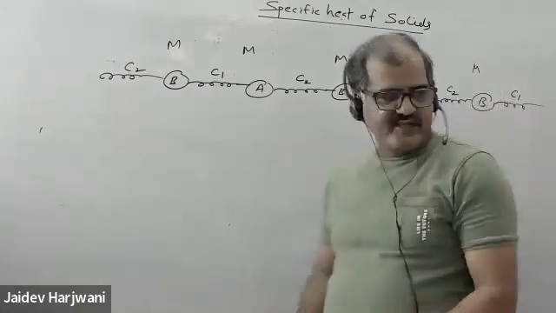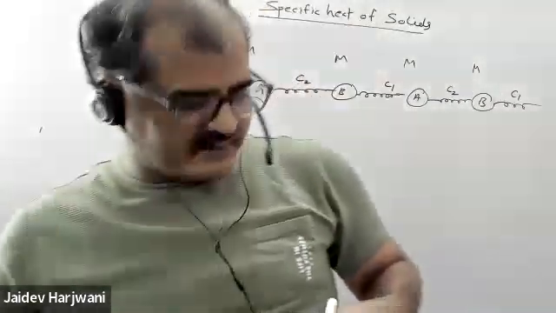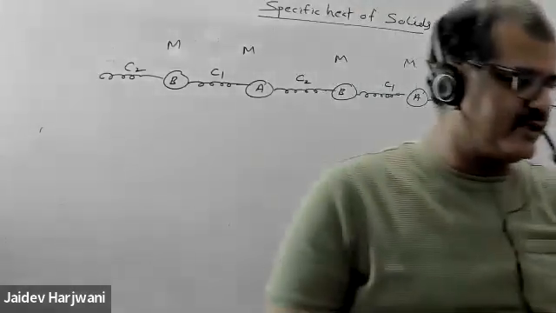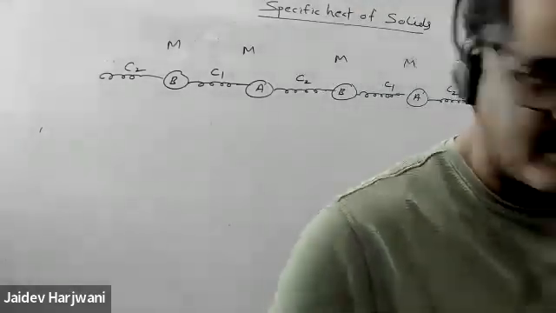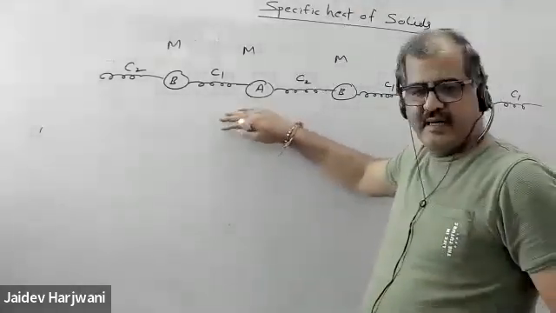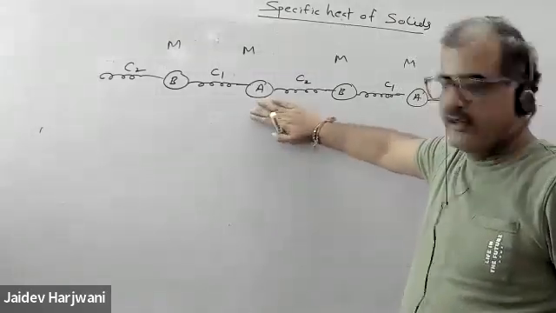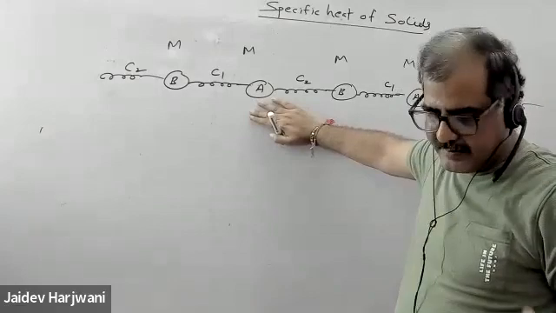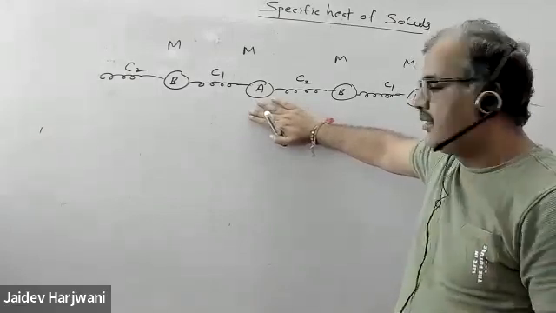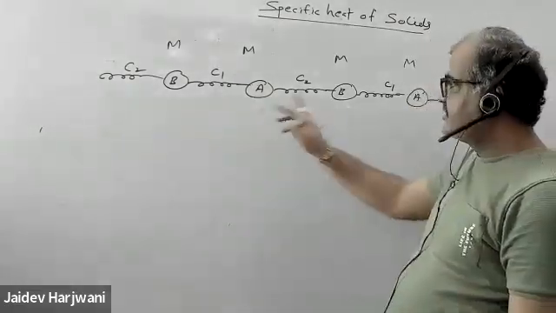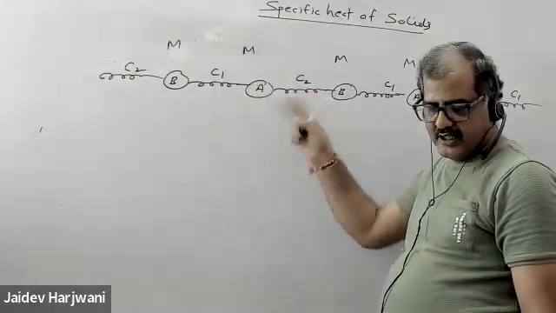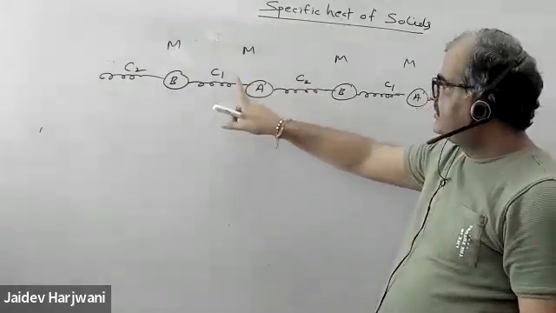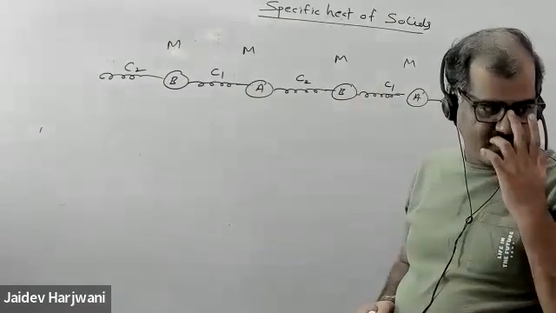Now for this condition, you have to find out the dispersion relation, okay. Have you got my question? You have a chain, atoms' mass is the same. Earlier the spring was the same, spring constant beta. Now the spring constants are different, okay.